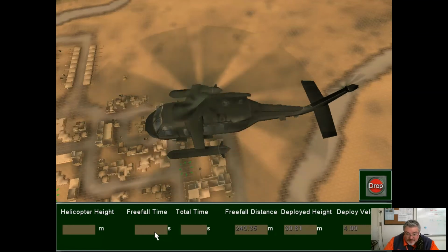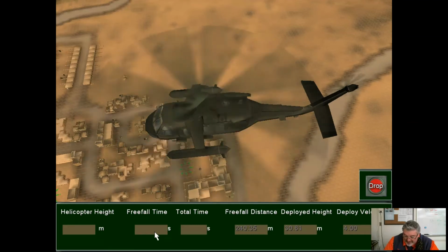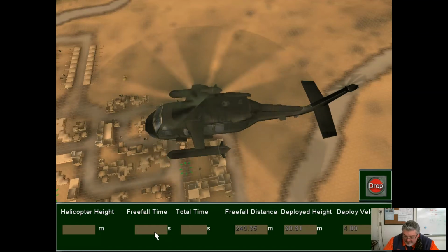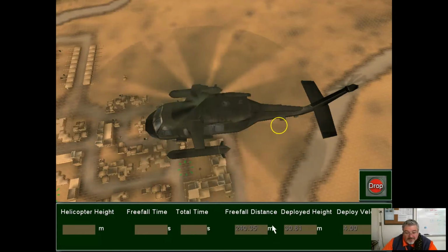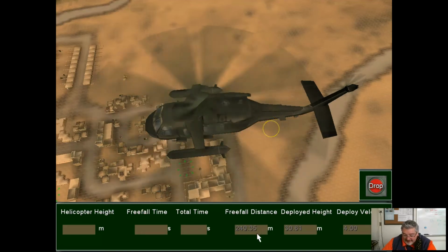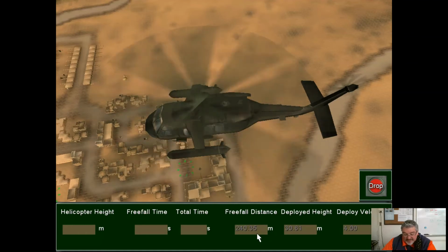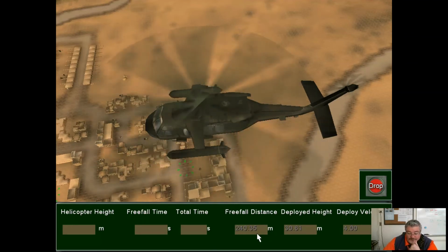So my distance was 240.35 equals 1/2 times 9.81 times T squared. So far you would have 240.35, which is my free fall distance, equals 1/2 times 9.81 times T squared.